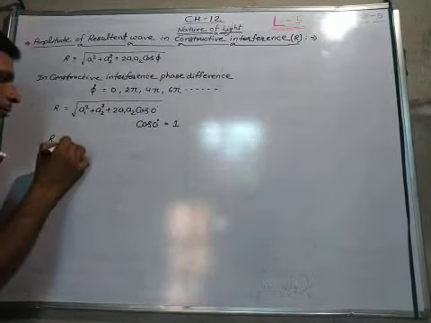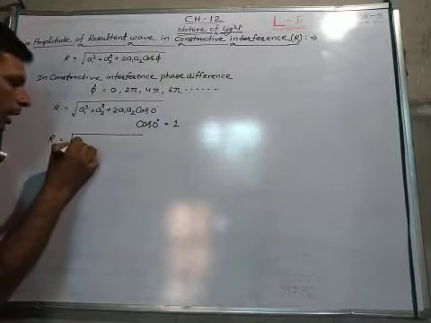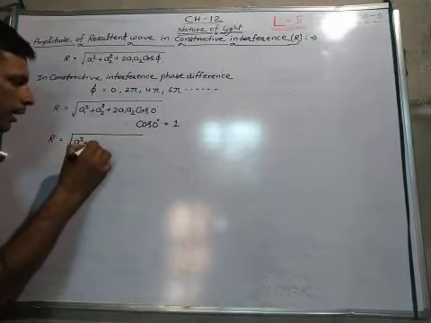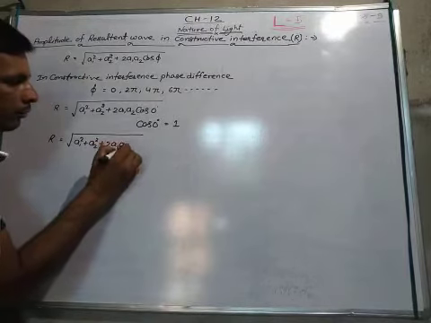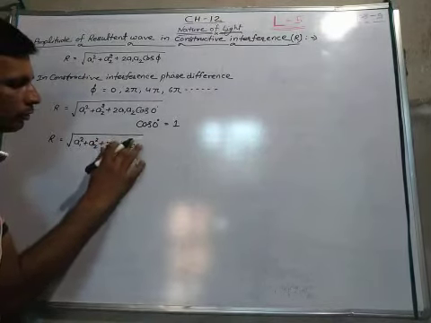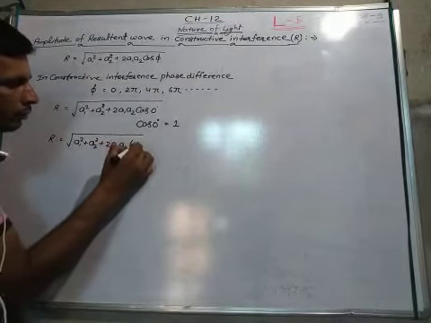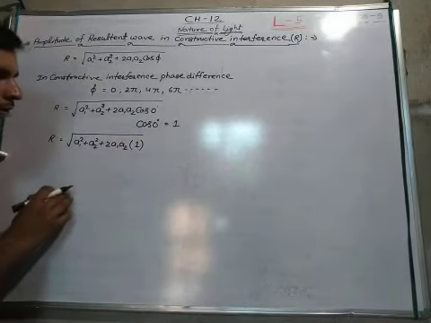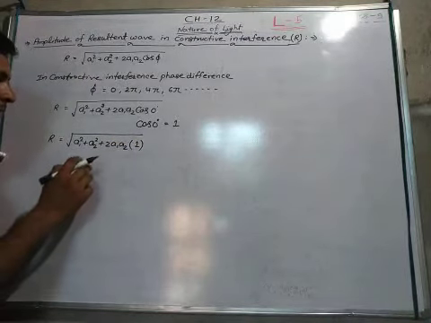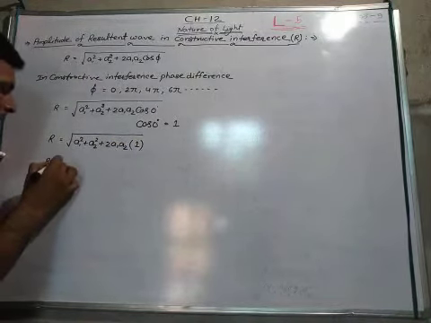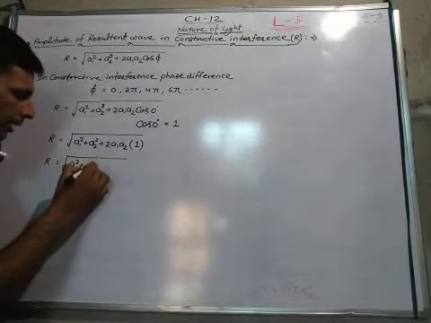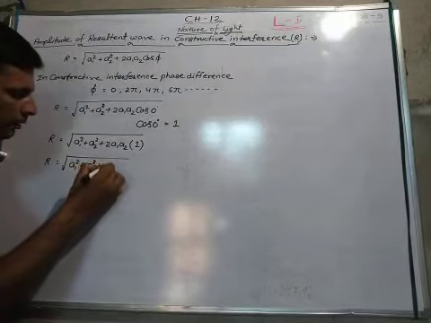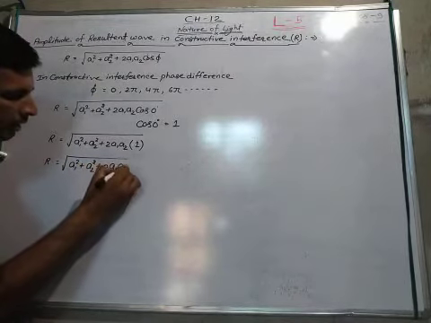Then R equals a1 square plus a2 square plus 2a1 a2 cos 0. In the place of cos 0 we use 1. Now R equals a1 square plus a2 square plus 2a1 a2.